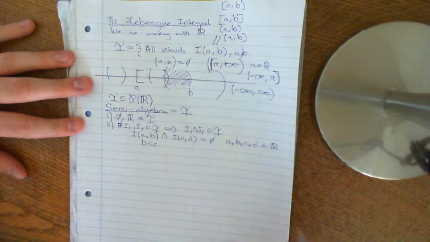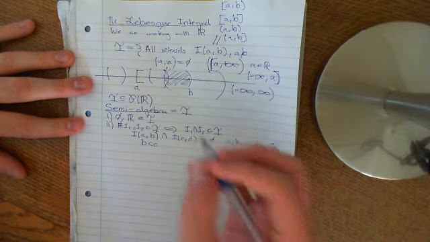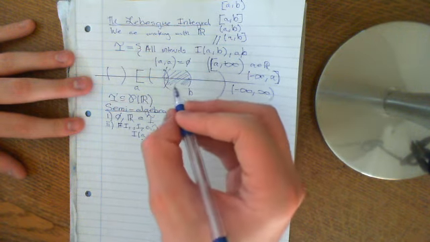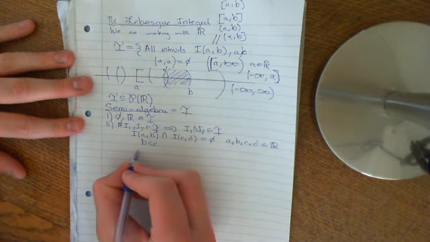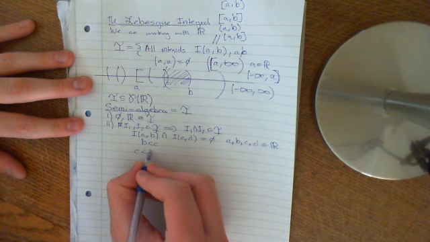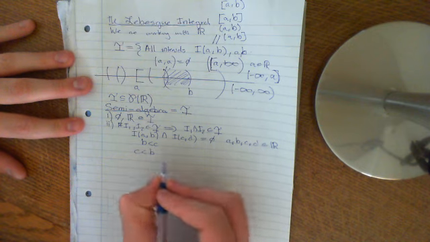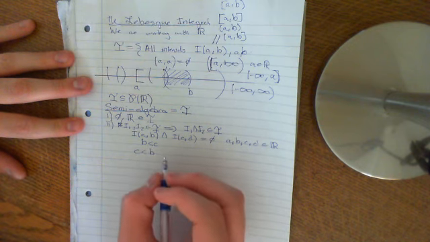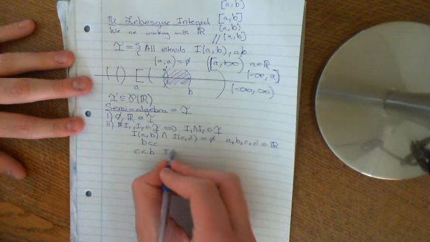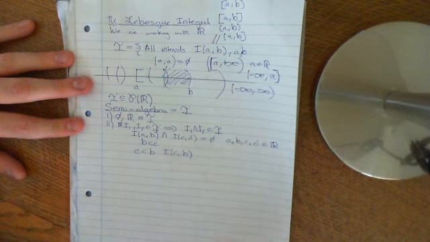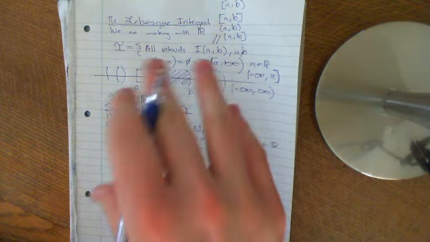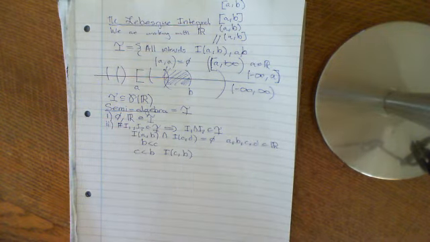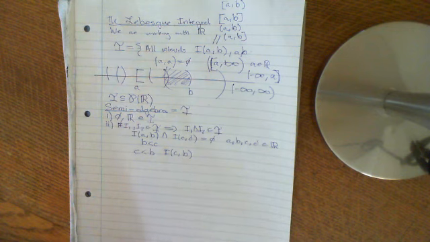And if their intersection is not empty, then it must be the case that C is less than B, and then the interval CB is also an interval, and that's the intersection. That's not really a rigorous proof, but intuitively you can understand that the intersection of any two intervals is another interval.